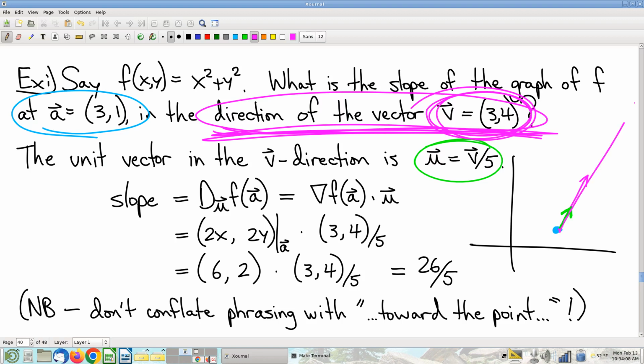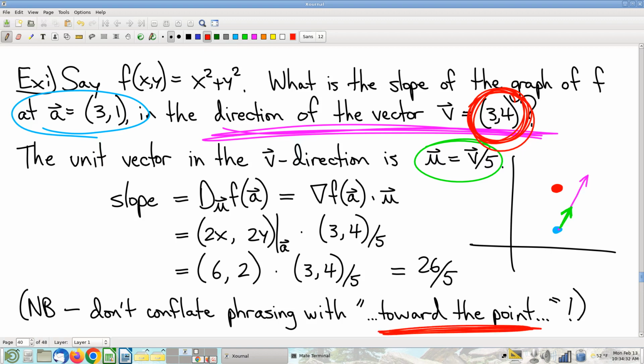That direction, right? Don't make the mistake, and the following is wrong and tempting, but very much not what's indicated here, of thinking, I'm going to interpret 3, 4 as a point. 3, 4 as a point would be like here. And interpret this as saying toward that point.